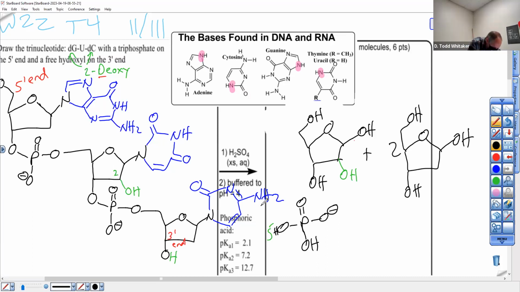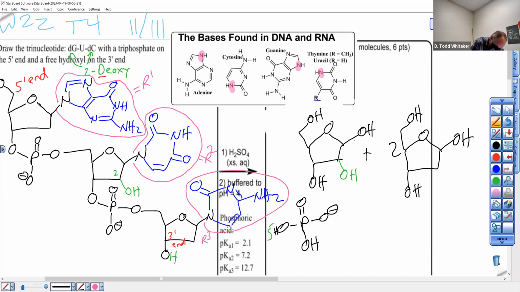No. But I don't want to draw my nitrogenous bases again. I'm going to circle everything up to, but not including the N. R1. Please do this. R2. R3.